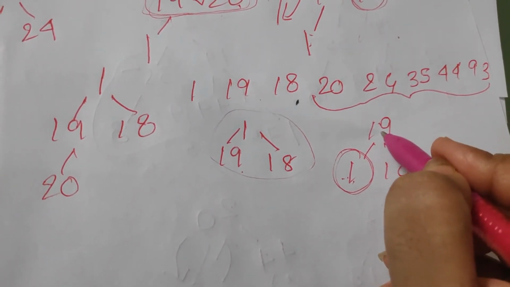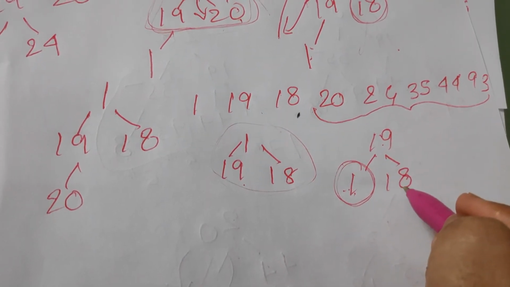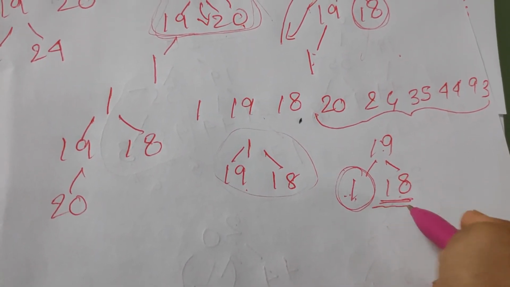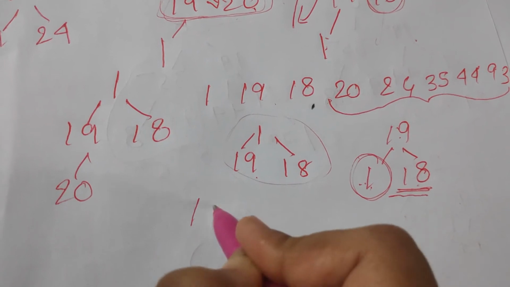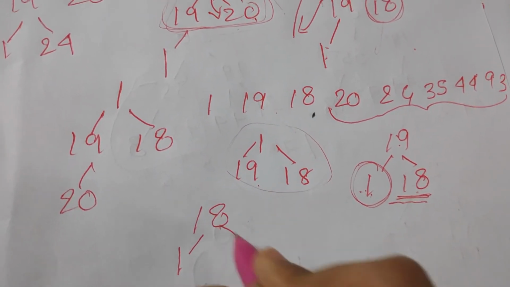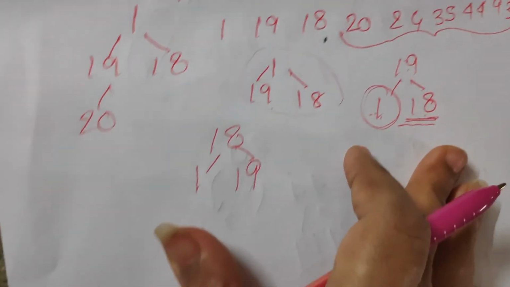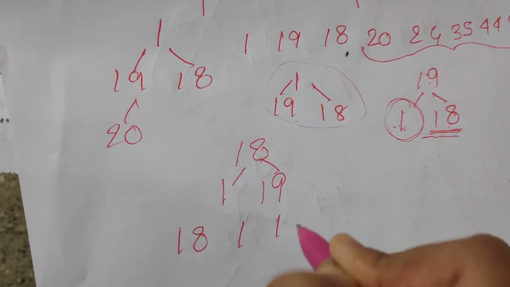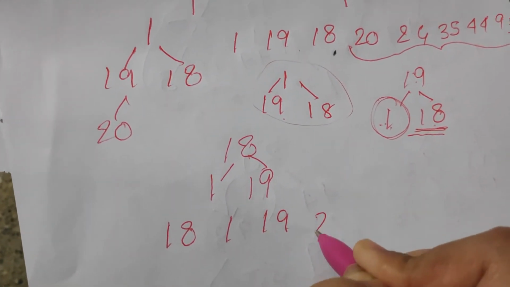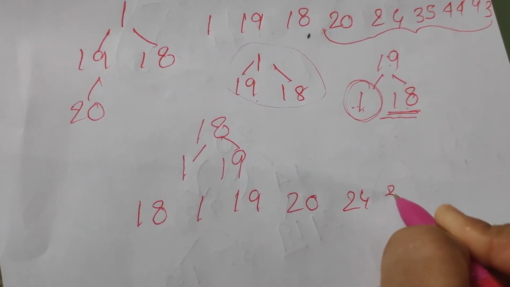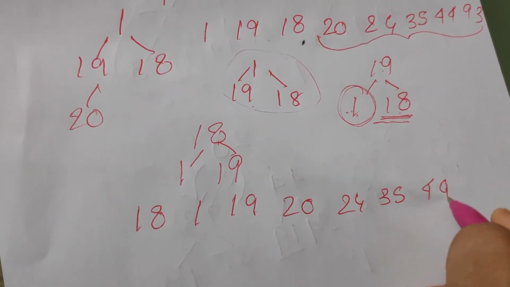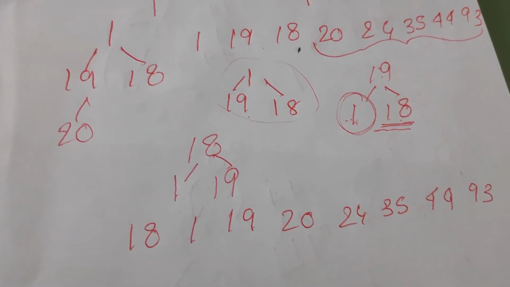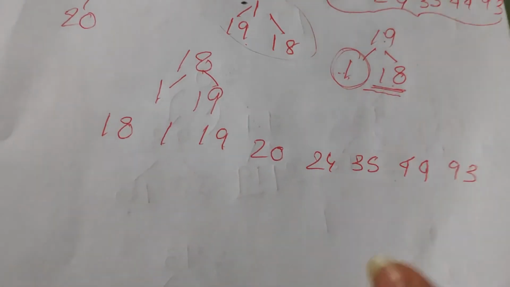Now 19 would be replacing the last leaf. Last leaf over here is 18. So 18 will move up and 1 will come down and 19 will become the right child. So it will become 18, 1, 19, 20, 24, 35, 44 and 93. So that will be the current array.